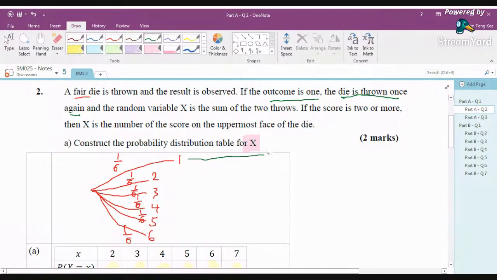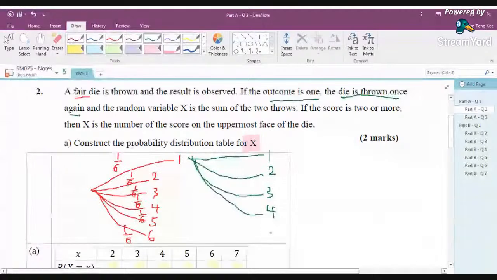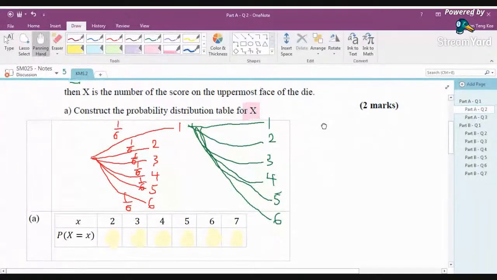Again, I can have the possible outcomes: I may get 1, I may get 2, I may get 3, I may get 4, I may get 5, and I may get 6.